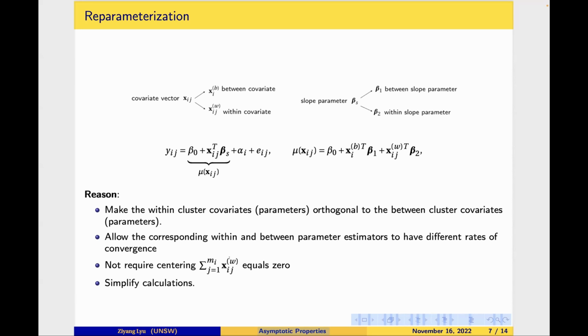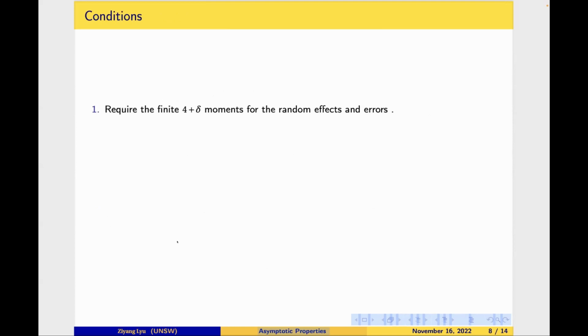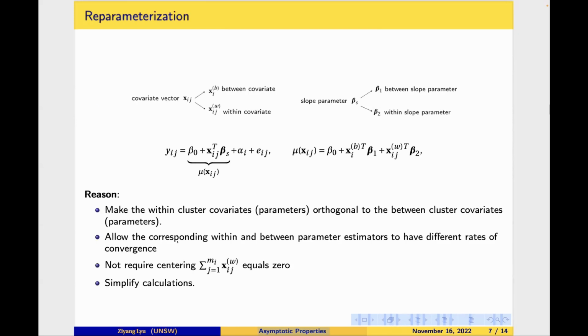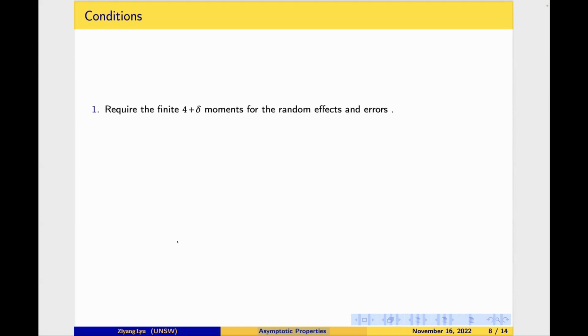And most important, it simplifies the calculations.